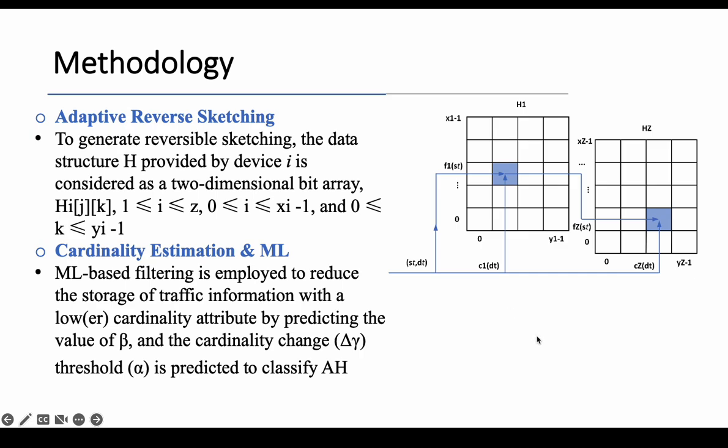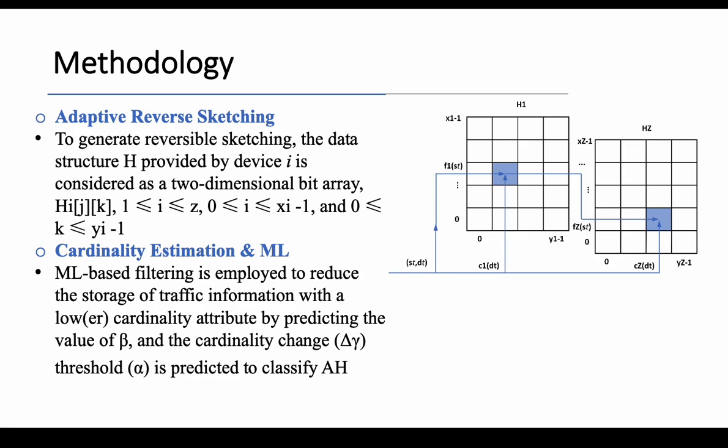To generate reversible sketching, the data structure H provided by the device I is considered as a two-dimensional bit array, H of I, Jk. And the cardinality estimation in adaptive reverse sketching, or ARS, seeks to improve the memory footprint by incorporating ML-based filtering to eliminate the storage of nodal information predicted to have low cardinality.